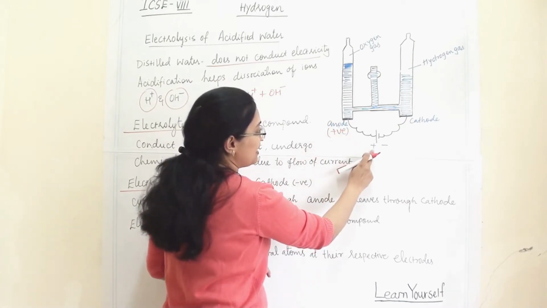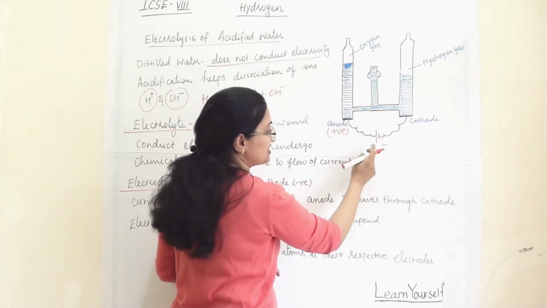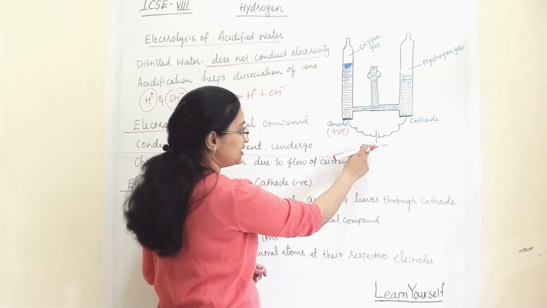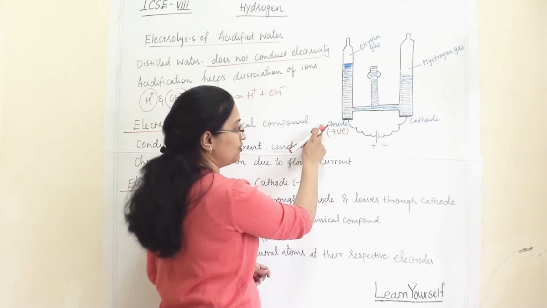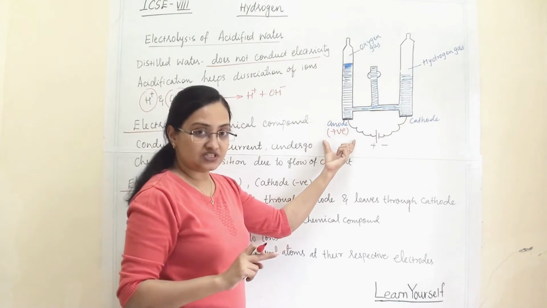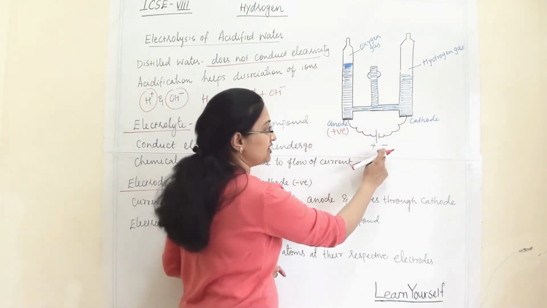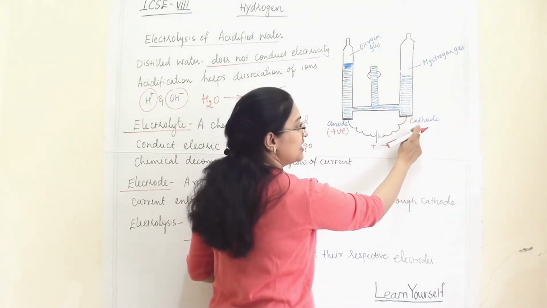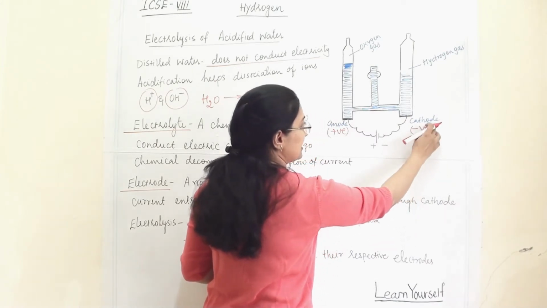If I had attached it to the other one, that would have become the positive electrode. Always in the electrolytic cell, the anode is a positive electrode and the cathode is a negative electrode. Here I have attached the negative terminal to this electrode, so that's why it has become the cathode. So this is the negative electrode and that is the cathode.